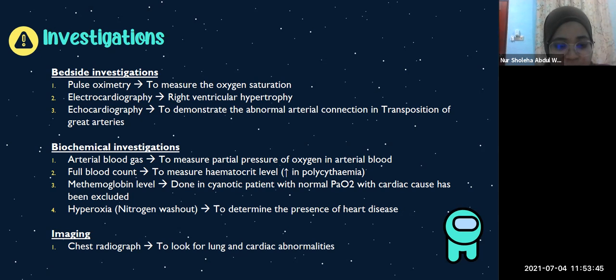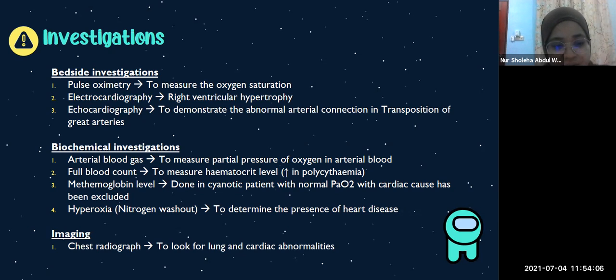First, we need to do an arterial blood gas to measure the partial pressure of oxygen in the arterial blood. Second, we need to send for a full blood count to measure the hematocrit level, because polycythemia also can cause cyanosis.